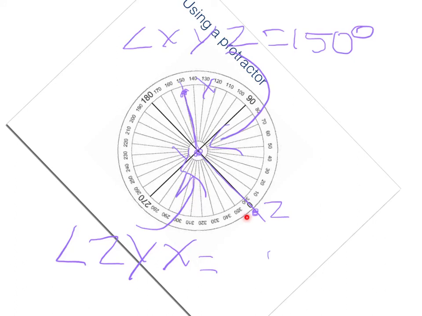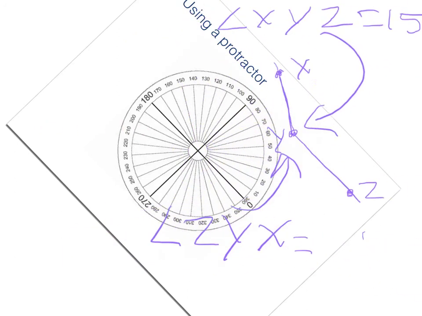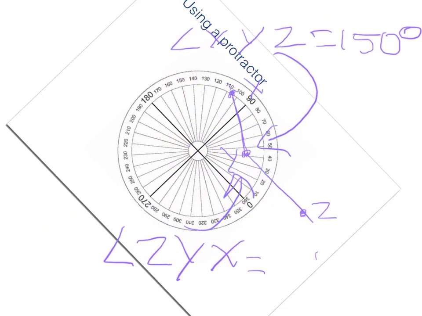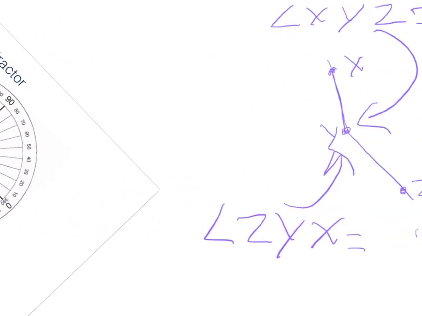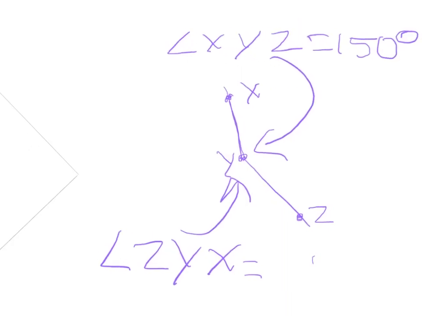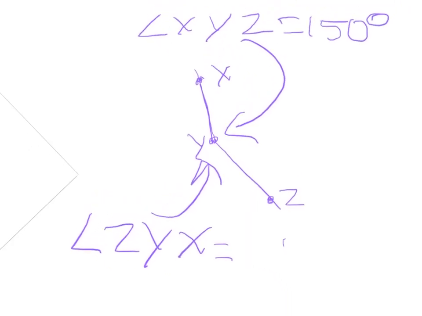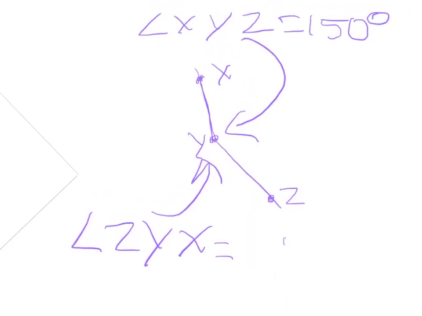Or I would just take 360 and subtract my 150 from my other angle. Let's move this out of the way. Either way, there we go. So if it's 360 minus 150, that leaves me with 210 degrees.